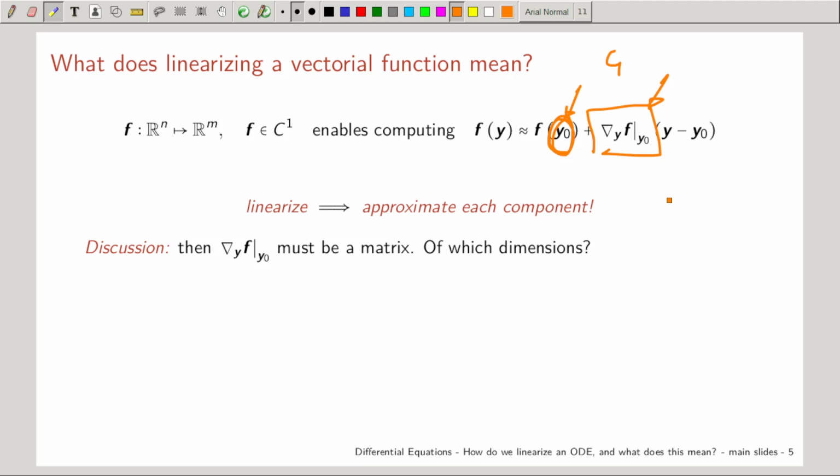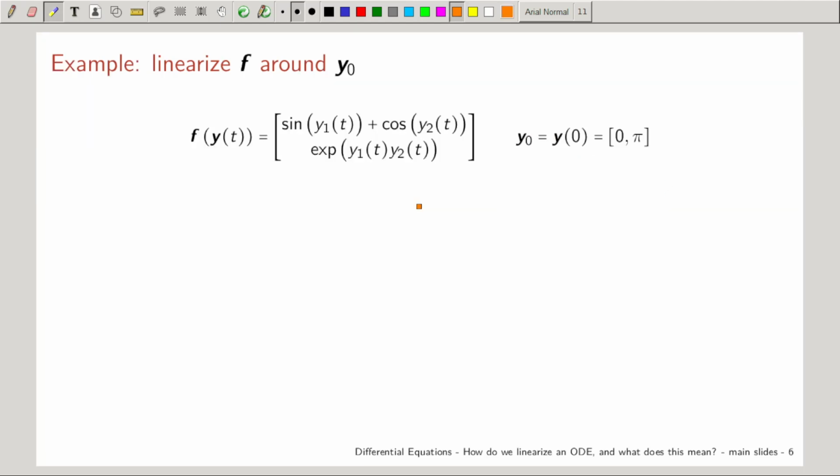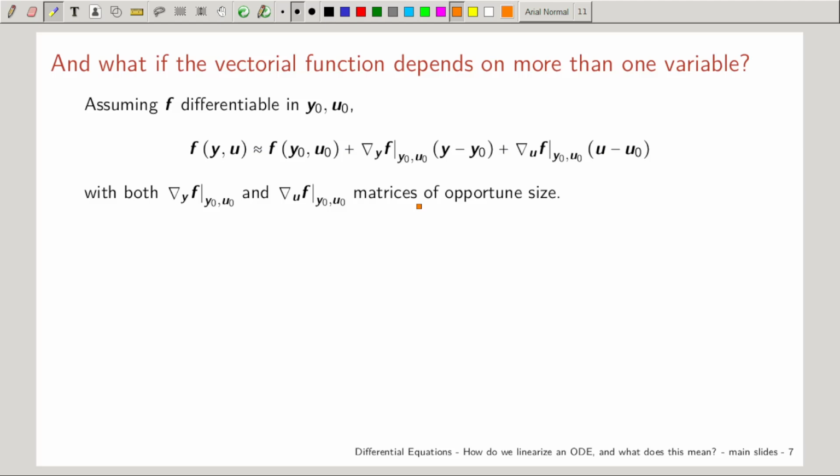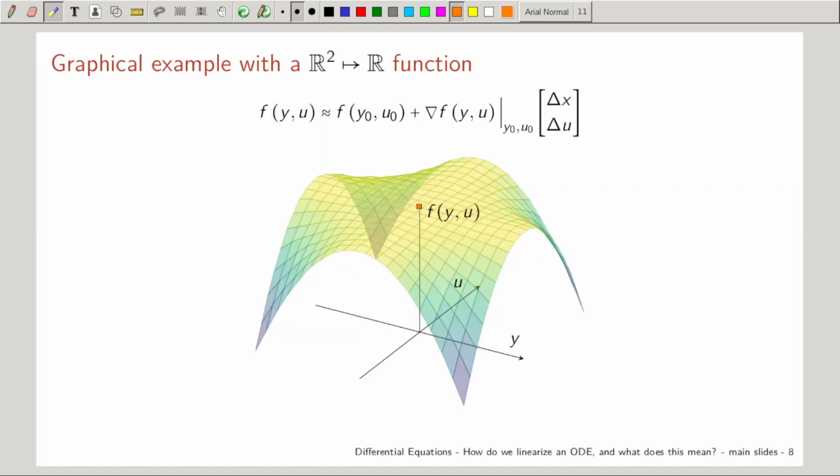True? Perfect. Some exercises: if you don't remember how to linearize, do the exercises that are in the slides. The procedural part, I assume that you are able to do it. Okay, matrices of opportune size.